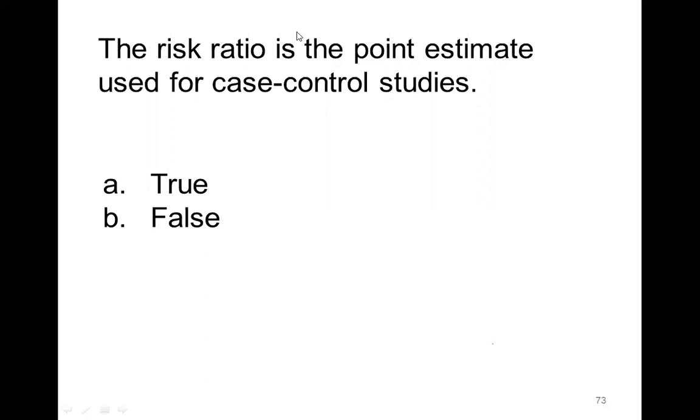Okay. The majority of you said true. And actually it's false. I'm on the right question, right? Risk ratio is not the point estimate used for case control study. Does anybody remember the correct name of the point estimate for case control studies?